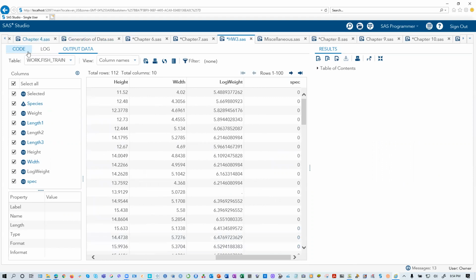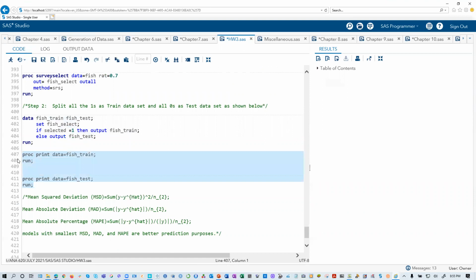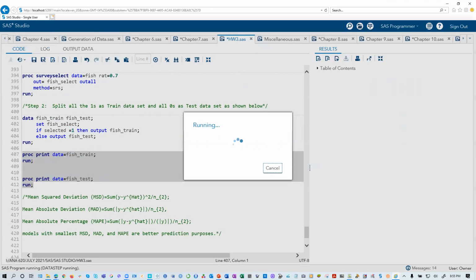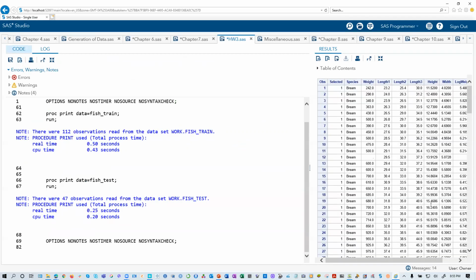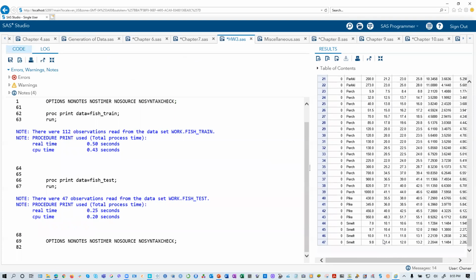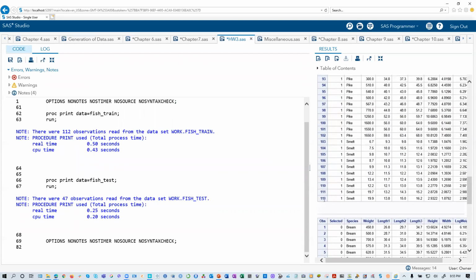There's nothing here yet, so let's print these two. It's another way to get the train data, and that's 47 and 112.